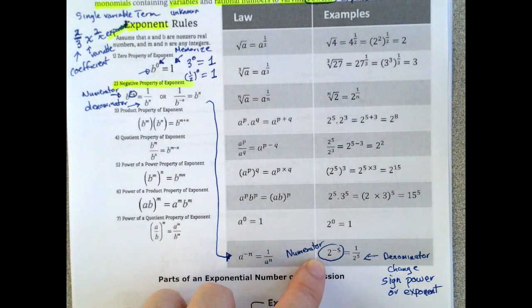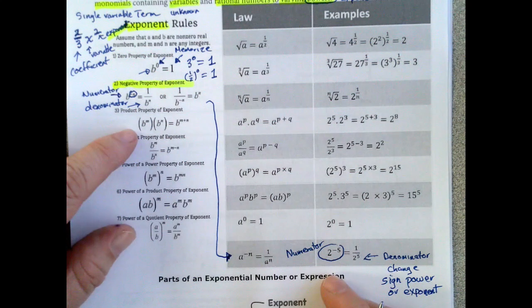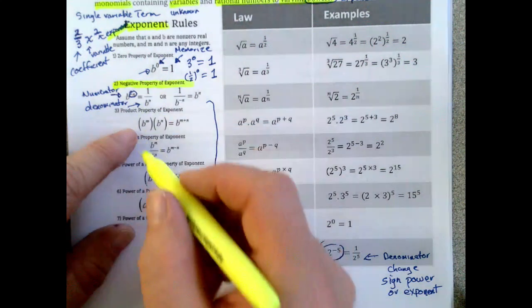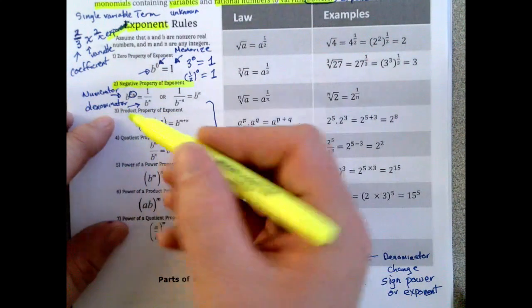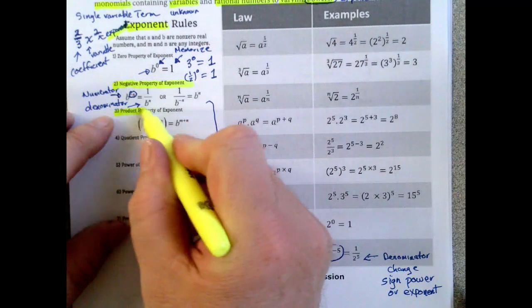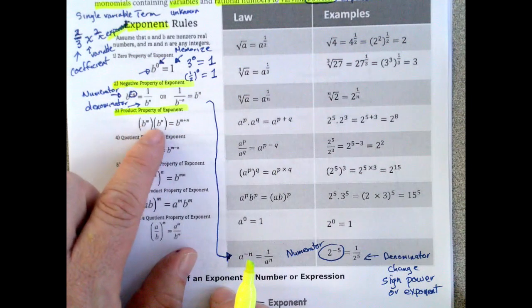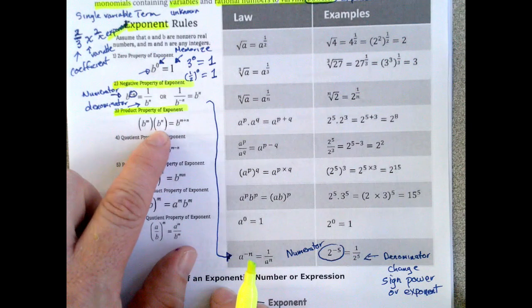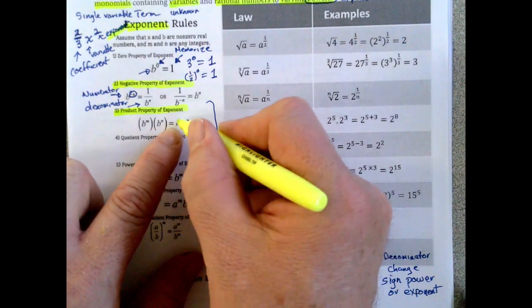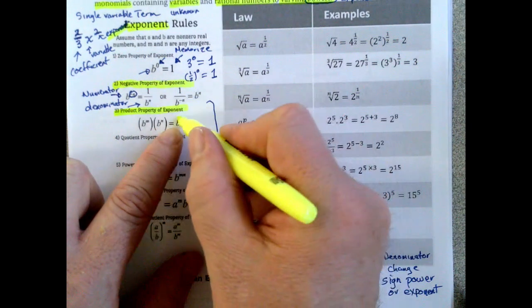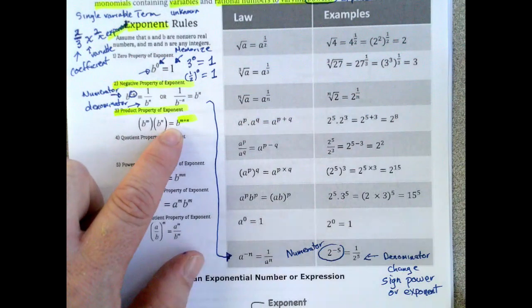So a bit more complicated than anything you've probably ever seen before, and that's fine. Let's take a look at the product property of the exponents. So we have this next rule, the product property. If you have a base number to a power and the same exact base number, what you do is you add the powers together. So let's look at the real life example of this.